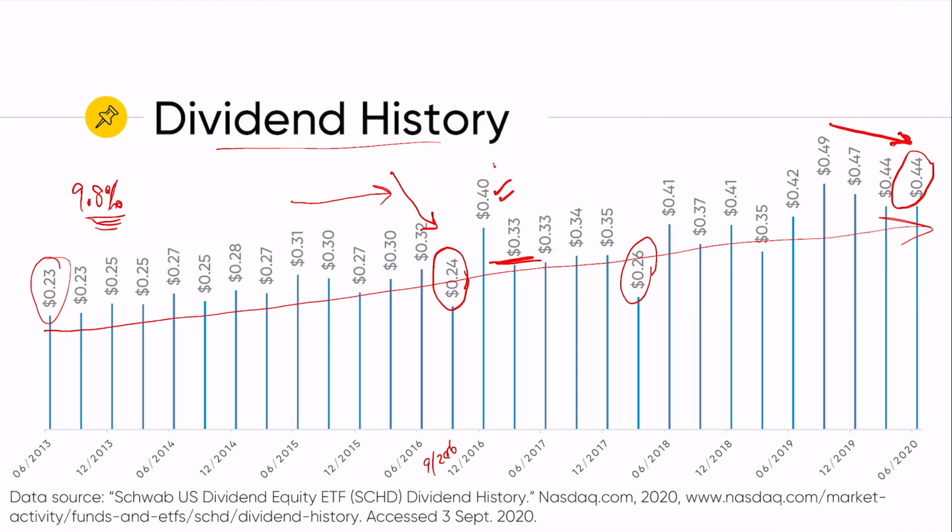Or you could have, in some cases, a big special dividend. Maybe there's a tax change and companies pay huge special dividends in one particular year. That could give you a huge spike like this, or maybe like this. So there's a lot of factors that go into this, but broadly speaking, I think this is a pretty positive picture.